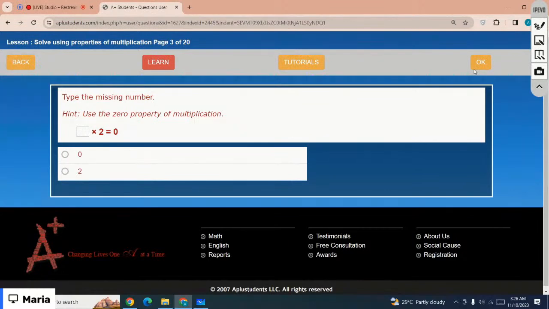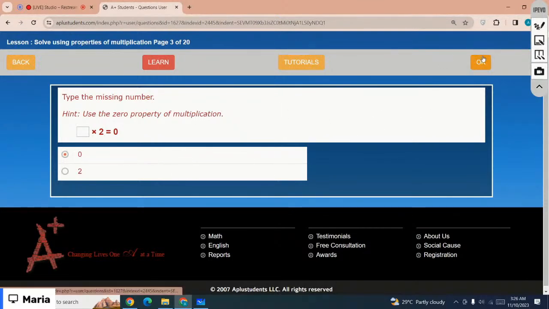The correct option is, yes, because you have to apply the zero property. So that would be 0, right? The missing number is 0.